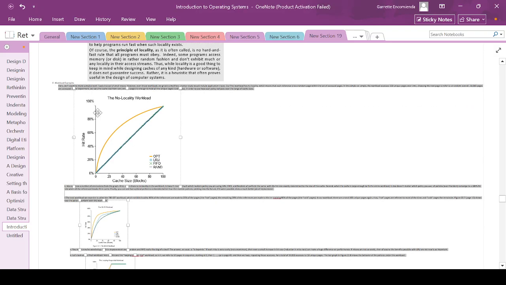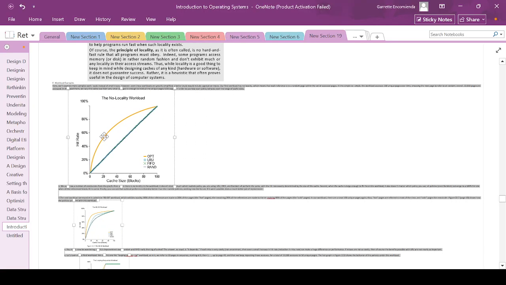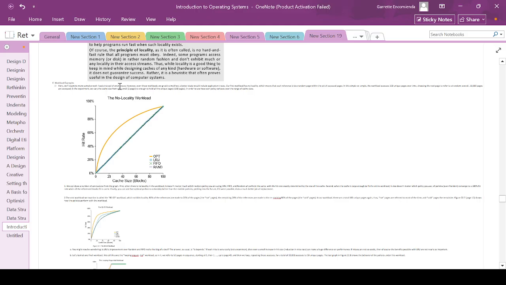First, here we'll examine more complex workloads instead of small traces. However, even these workloads are greatly simplified. A better study would include application traces. Our first workload has no locality, which means that each reference is to a random page within the set of accessed pages. So let's imagine a set of pages that is accessed randomly.